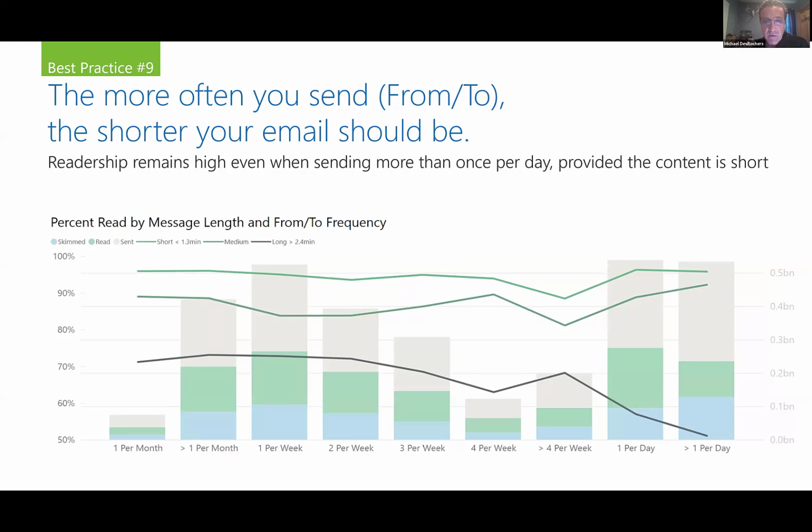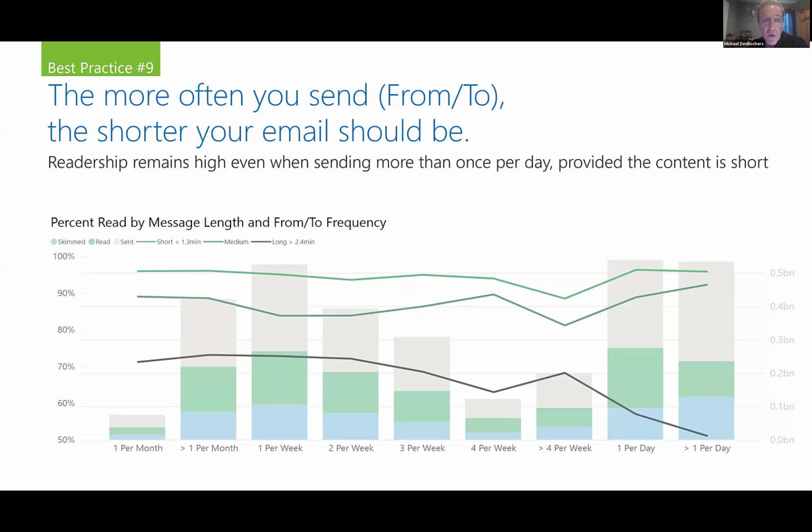We wanted to say, what's the difference for short, medium and long messages? So we did three evenly sized buckets to define what was short, what was medium, and what was long. Anything under 1.3 minutes was short, and anything over 2.4 minutes was considered long.